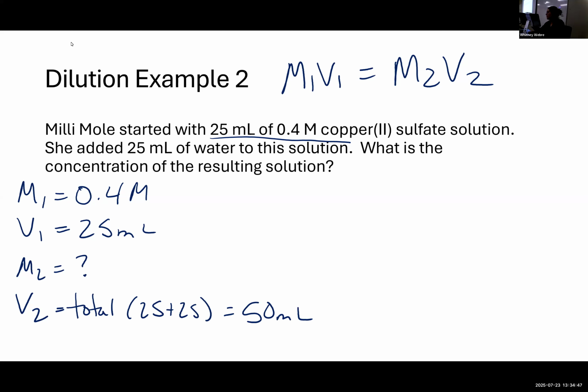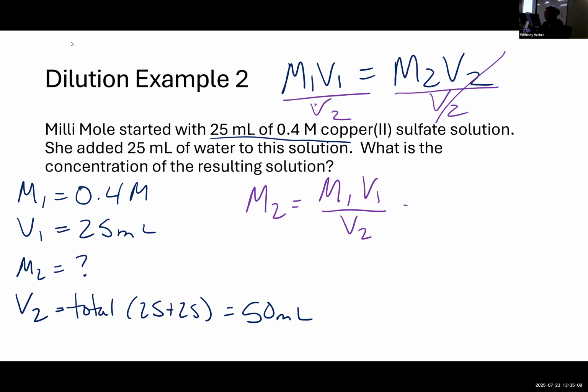So R for rearrange, we are looking for M2. So I have to divide by V2 on both sides. So M2 equals M1 V1 over V2.